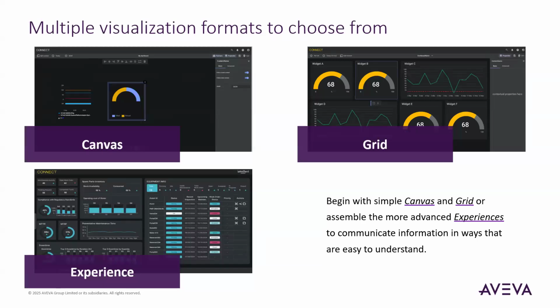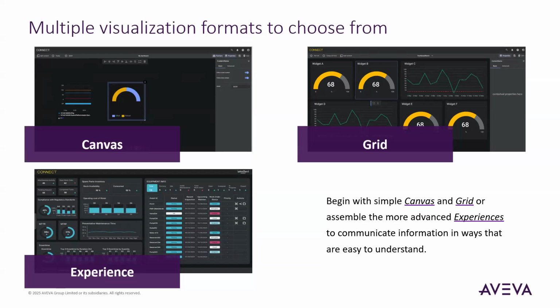And then Aveva came up with Canvas, which is a little bit newer than Grid, and is basically a free-form sketchboard that allows for overlapping and layering content. It uses the same graphics, but it's a little bit different in the way you organize the pieces in your dashboard or your visualization in general.